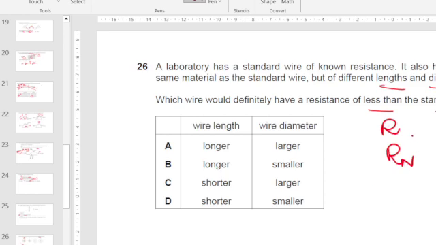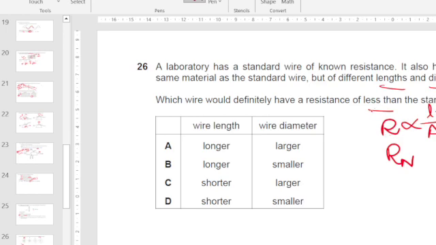To solve this question, I should know the relation between length and area of cross section to that of the resistance, and it will be R is proportional to length, that is directly proportional, and inversely proportional to the area of cross section. So according to that, if the length increases, resistance also increases.